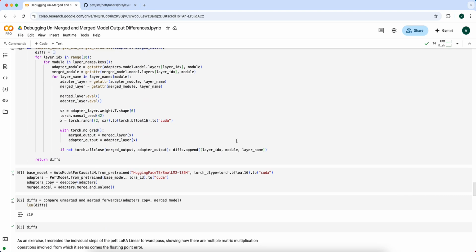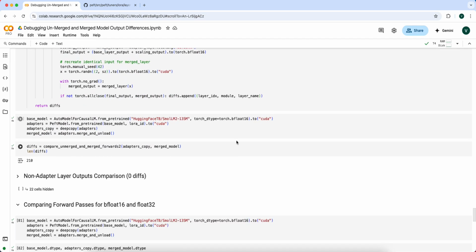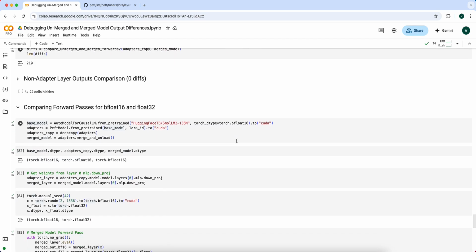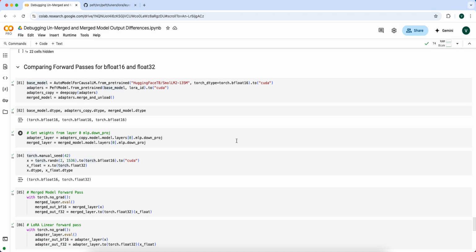So that was I guess the solution to my problem, and this let me know that it's nothing happening during the merging process that's causing this issue. It's just the very nature of how these two models are structured and the difference in matrix multiplication and addition operations that is causing the floating point error to propagate throughout the models and cause a difference in the final outputs.